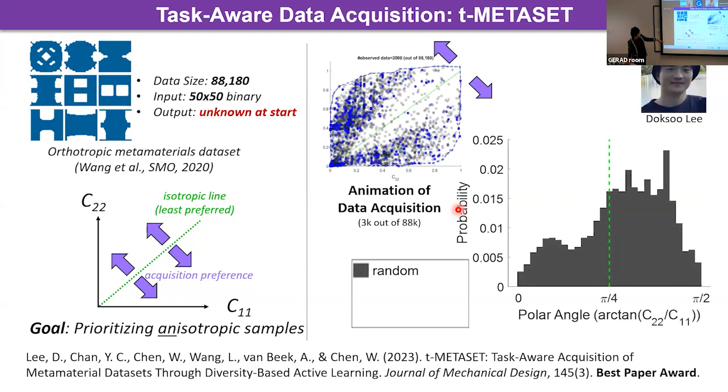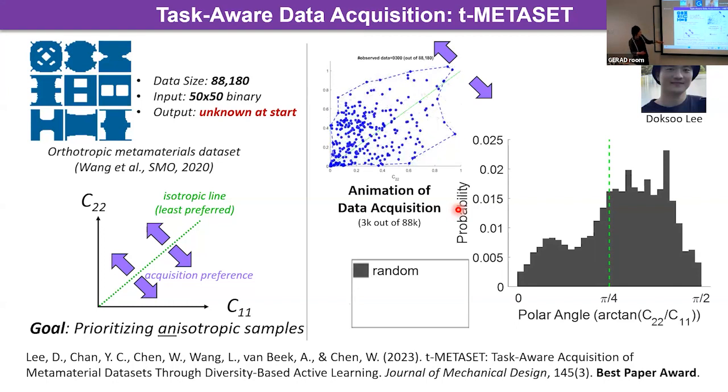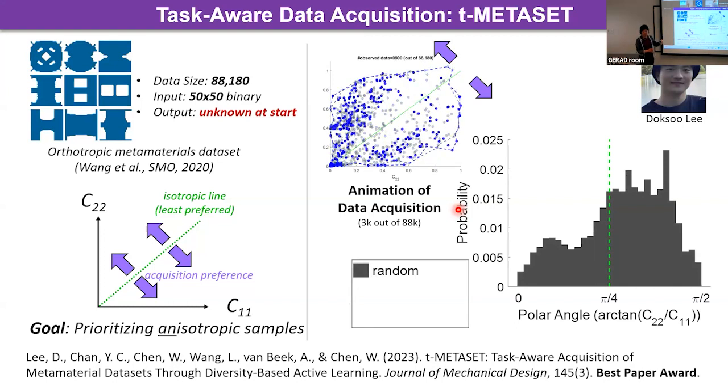In this case, in the structure design, this anisotropic property, where C11 and C22 are designed to have huge differences, not on the diagonal, we want to push the points toward the boundary. What you see here, the line there, is the physical restriction. You can never go beyond that boundary.